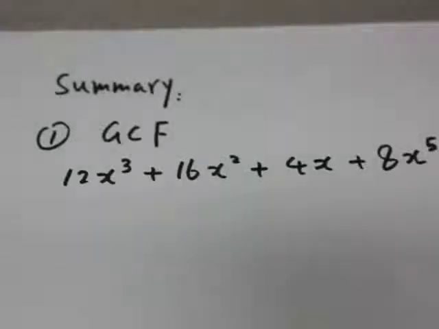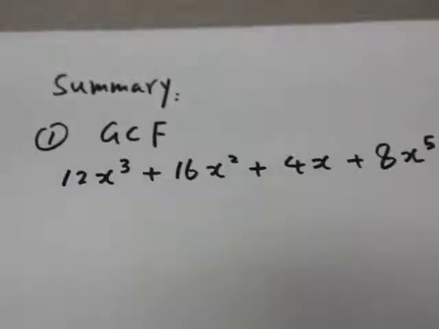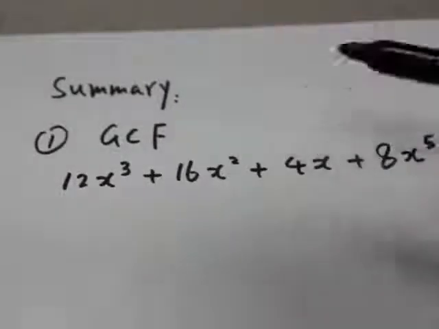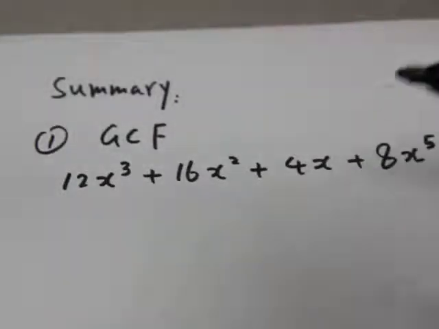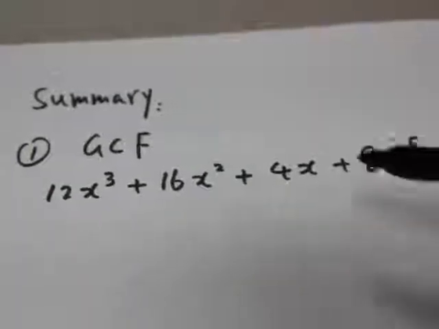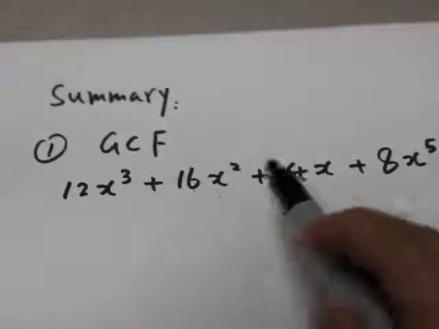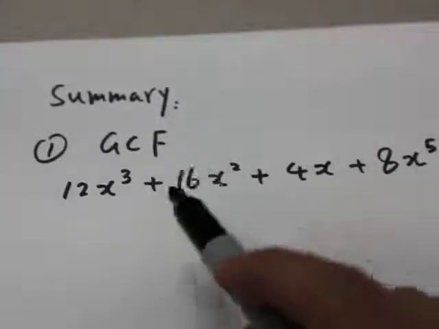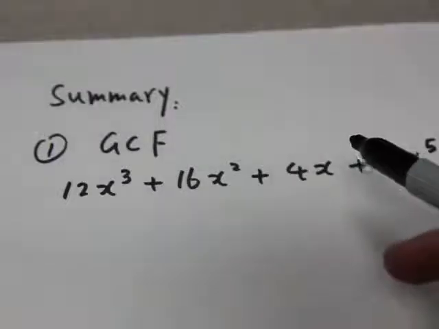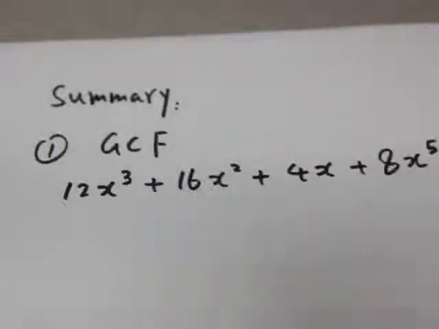Okay, now let me summarize what we have learned. So, when do we use the greatest common factor to factor a polynomial? If we find that every term in the polynomial has a greatest common factor, then we will use this method.